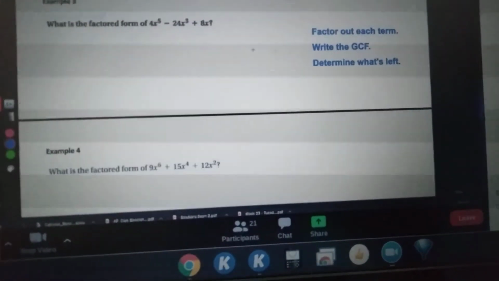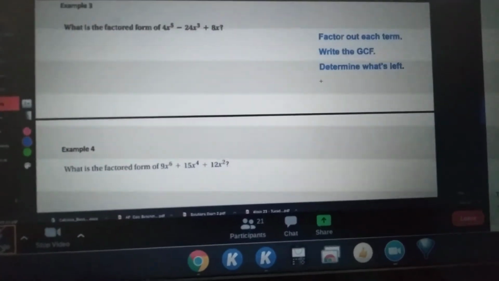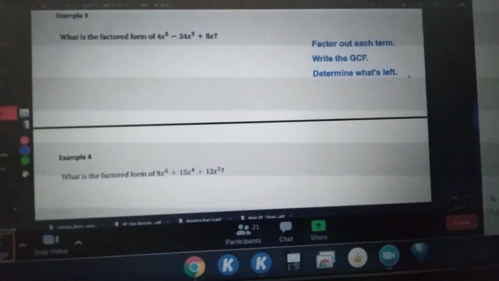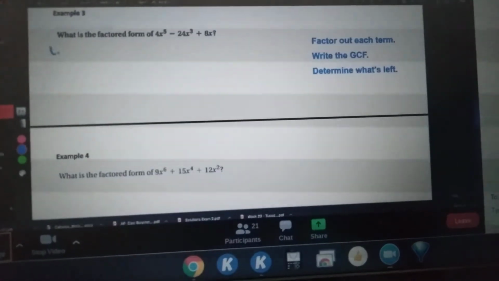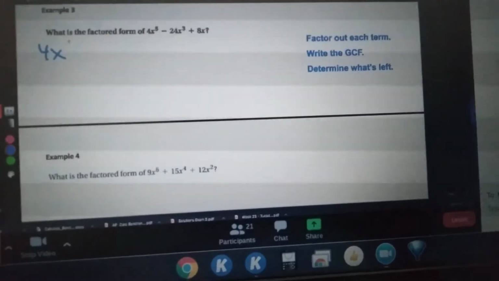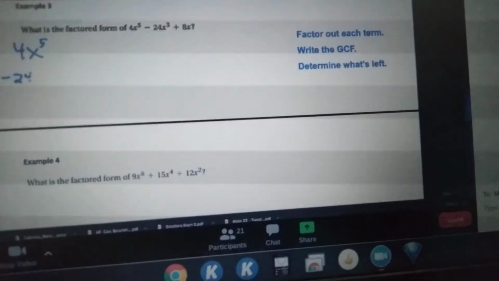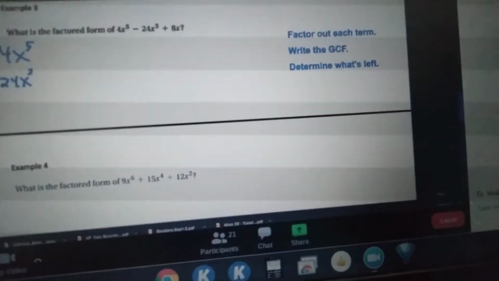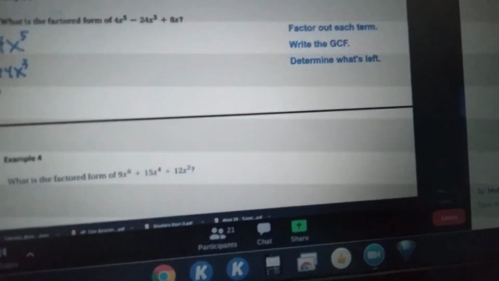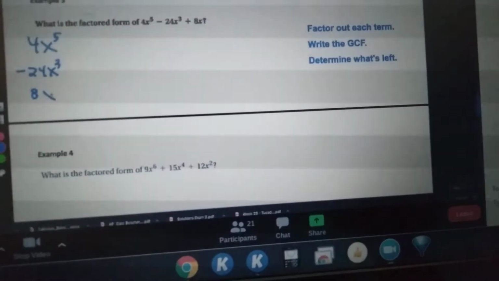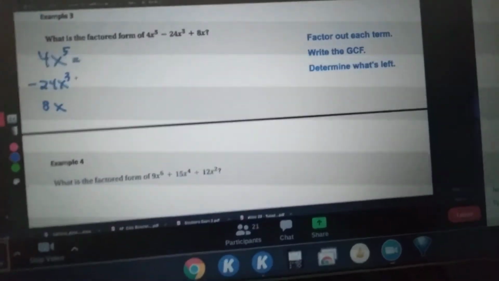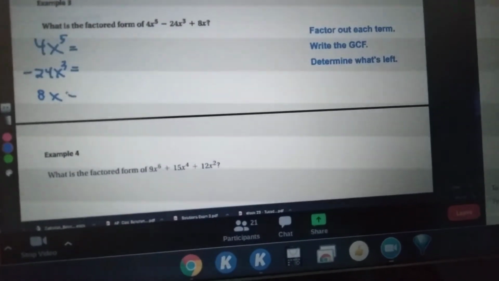Again, factored form means write the GCF, determine what's left. That's it. So again, we're going to go 4x to the 5th negative 24x cubed. And then we're going to say 8x equal sign.